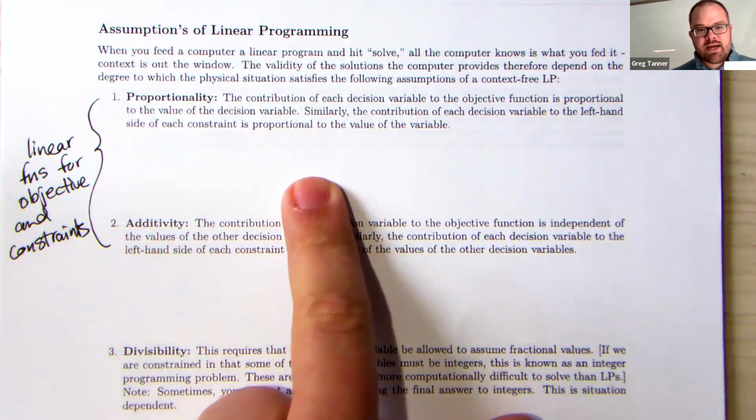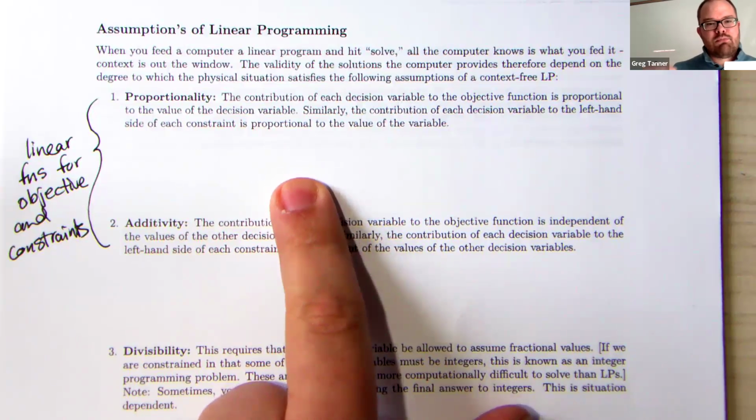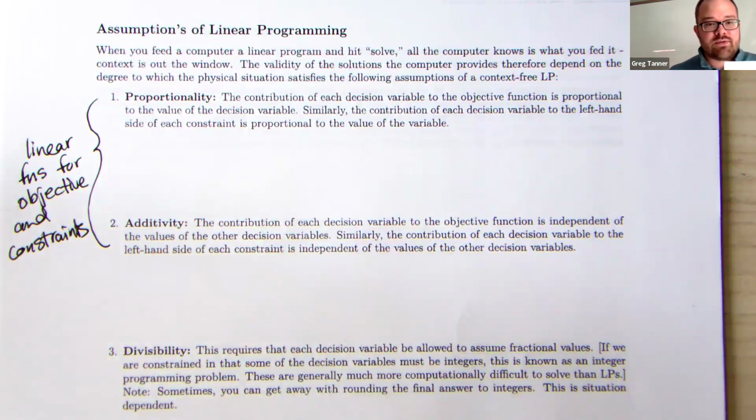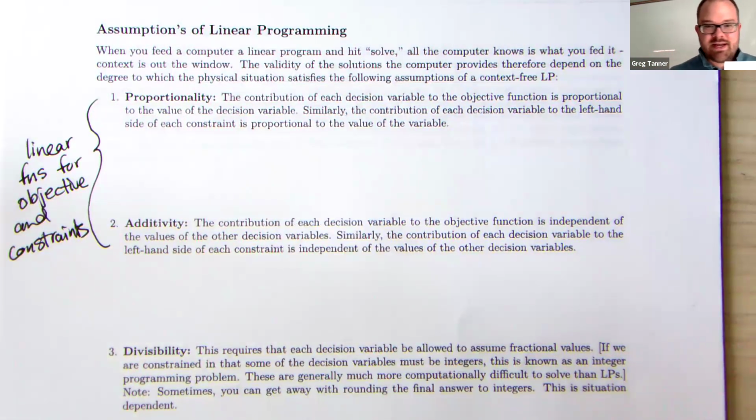But let's think about how this might play out in a practical problem. Proportionality, a common scenario where proportionality might be violated is when there's diminishing returns, where maybe the more of something you do, the less it contributes to the objective that you want. Okay, and so if you have those sort of diminishing returns, then you don't have proportionality. The assumption is that as much as you increase your decision variable, as long as it stays in the feasible region, the contribution to the objective function should stay the same.